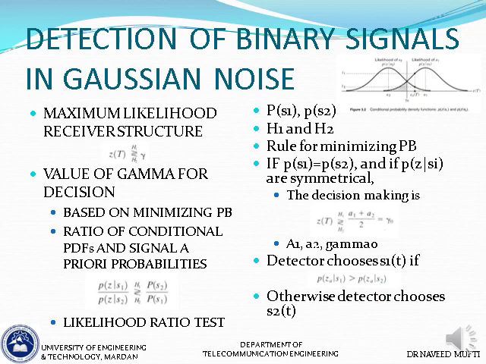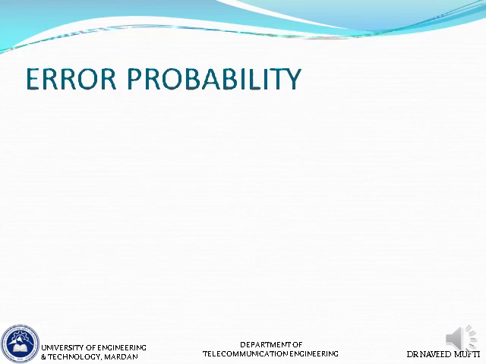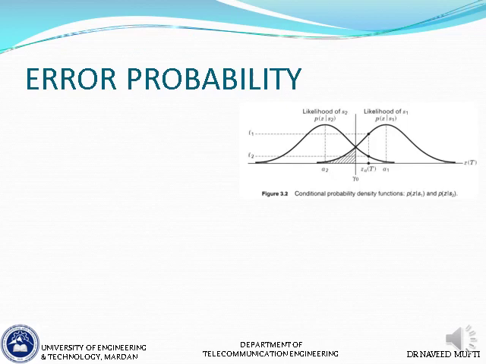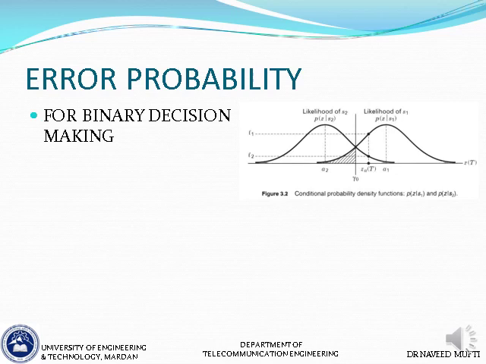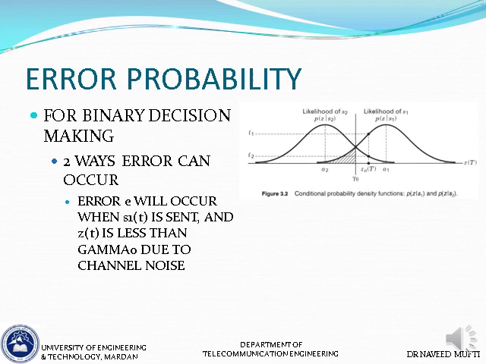And now let us go on to look at the error probability. Once again we are referring to the same curve. For the binary decision making, as depicted in this figure, there are two ways error can occur. Error E will occur when S1 of t is sent, and the sample value we take, Z of t, is less than gamma naught due to channel noise.